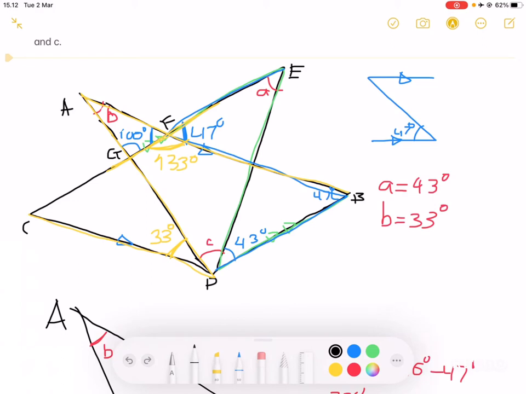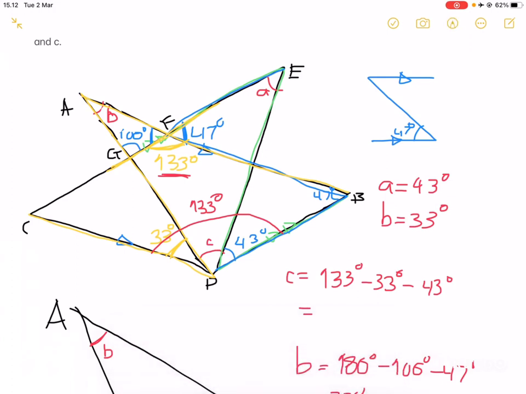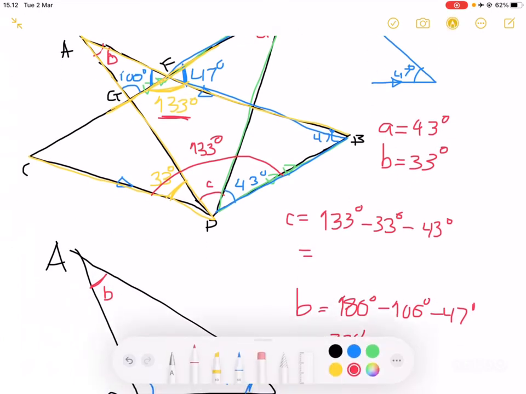And by opposite angles in a parallelogram, this 132 degrees must be equal to this whole thing right here. And solving for C from here will be pretty straightforward, since you can just subtract 33 degrees and 43 degrees from 133 degrees, which will lead us to an answer of 57 degrees.